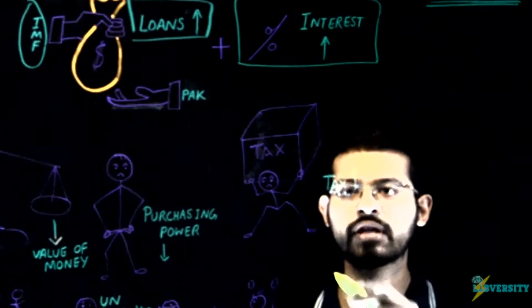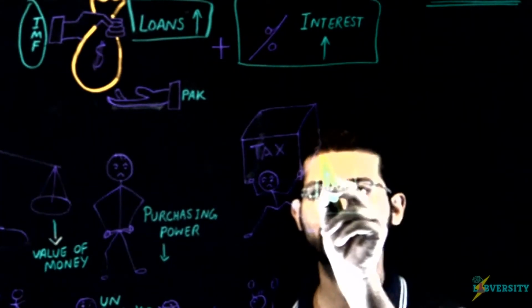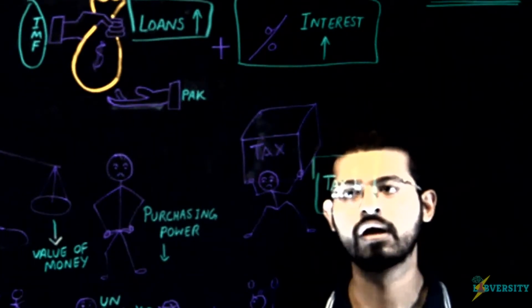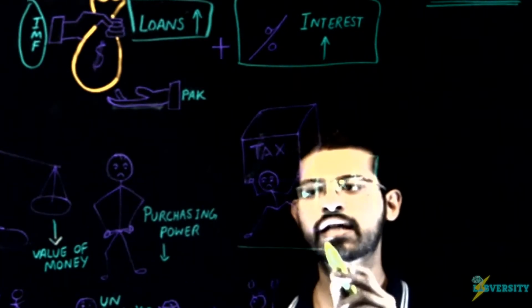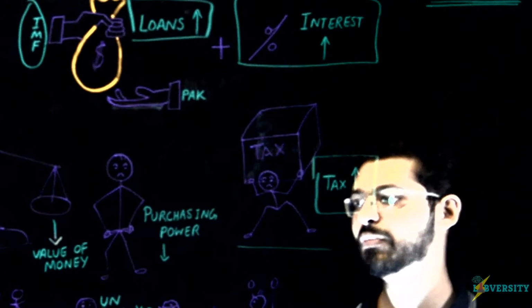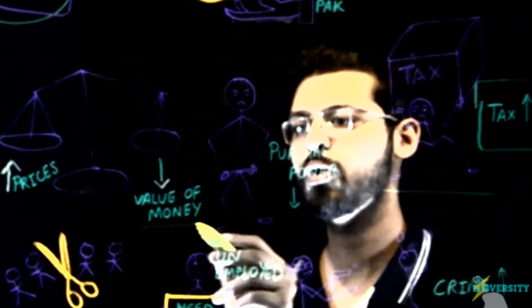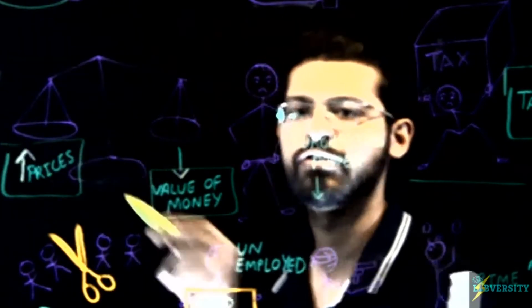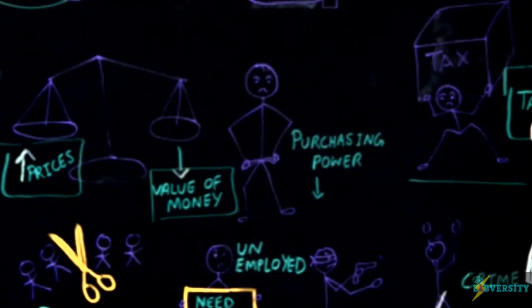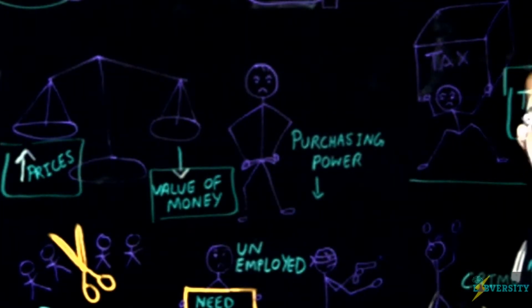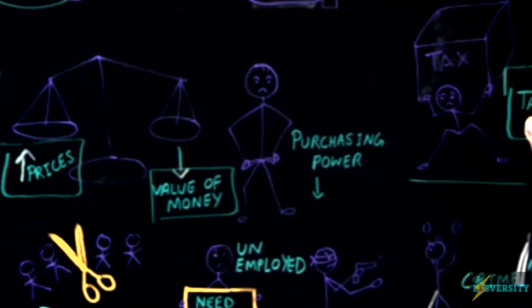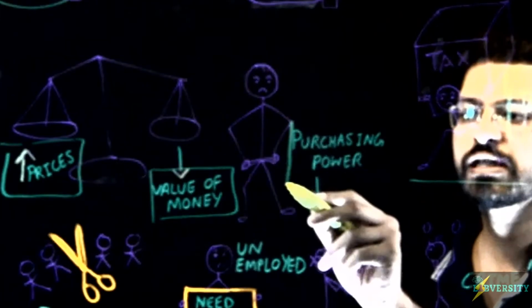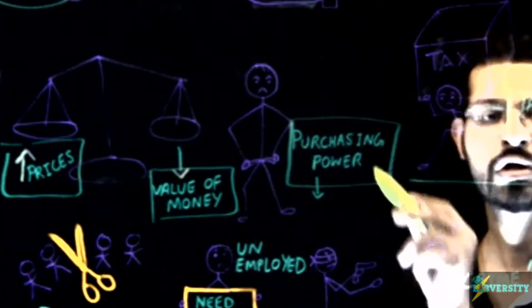The government would naturally increase the taxes on almost everything. Now, as the burden of these taxes increases, it means that the value of money decreases while the prices of goods increase. In such a condition, when the value of money decreases and the prices increase, the purchasing power of people also decreases.